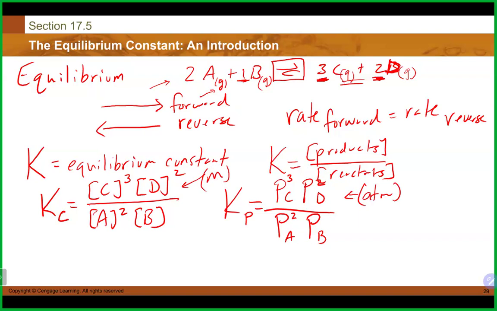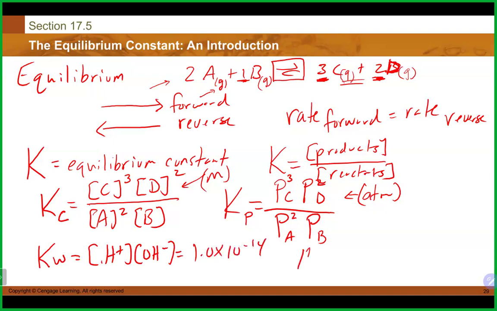So Kc, Kp, they're really just all equilibrium expressions. The little subscript doesn't matter. In fact, we actually already saw an equilibrium expression when we were doing the previous chapter, Kw, which is H plus times OH minus equals 1 times 10 to the minus 14, and that's off of water basically dissociated into H plus and OH minus.